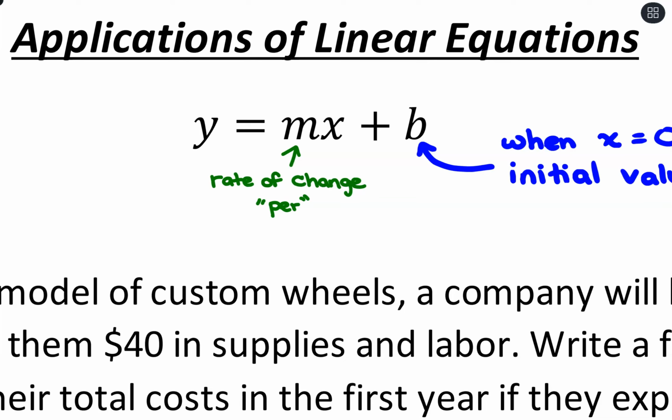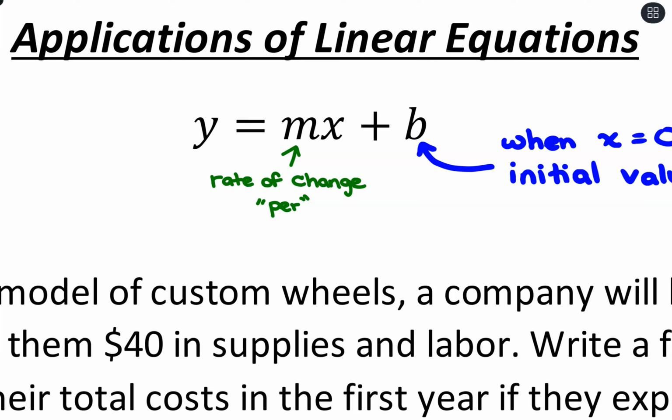So what we're starting to get here is this initial cost, which is that $30,000. And then we could call this a variable cost because it's changing. It'll change based on the number of wheels that we make. And so we have this variable cost of $40 per wheel.